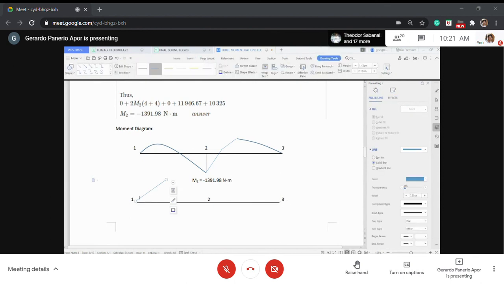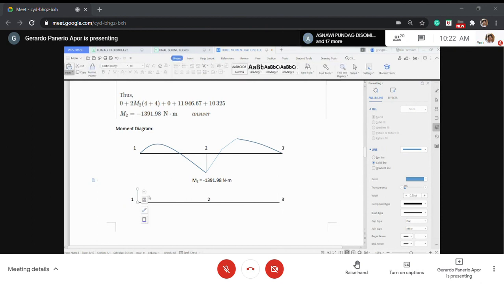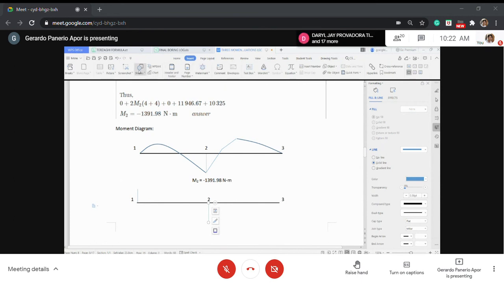Then due to that, there is an upward. Then there is a downward here. Downward. And the diagram looks like this. This is only an estimate this time.